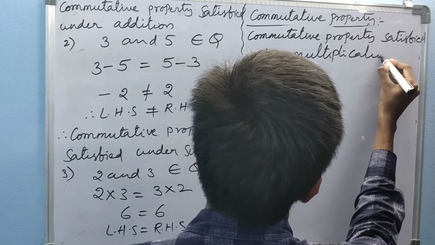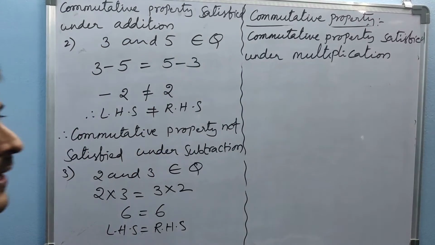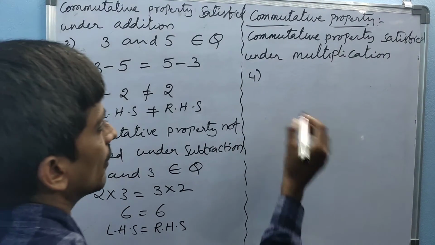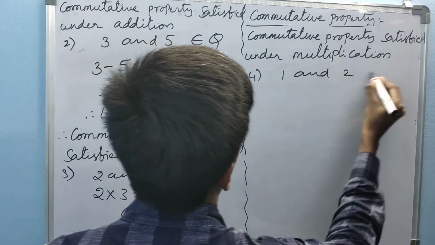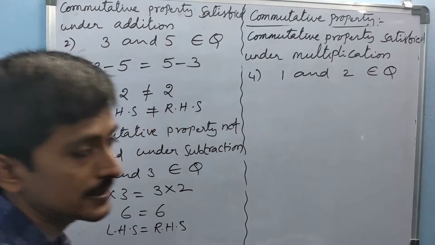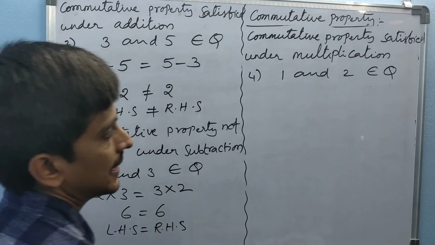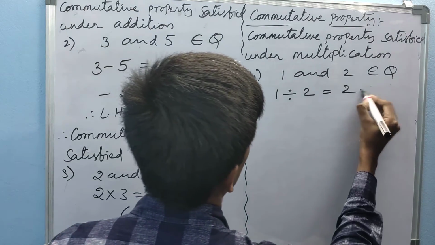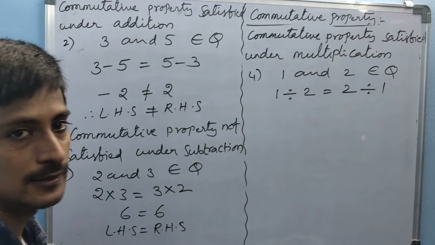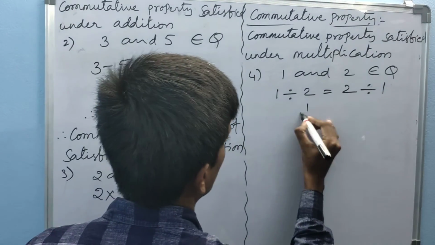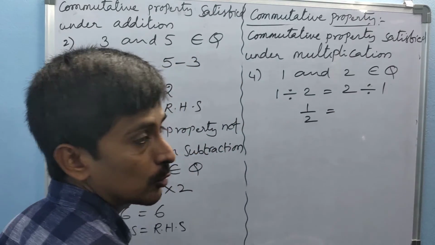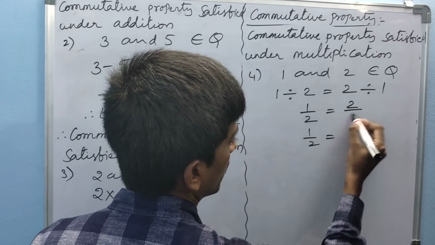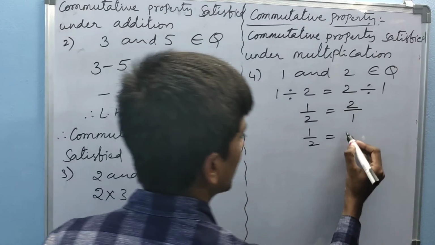The last one is division. What about division? 1 and 2 are any two rational numbers. So 1 divided by 2 equals 2 divided by 1? 1 divided by 2 means 1/2, half. And 2 by 1 is 2.